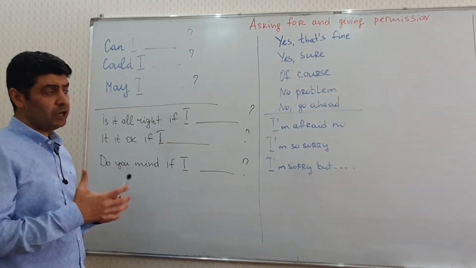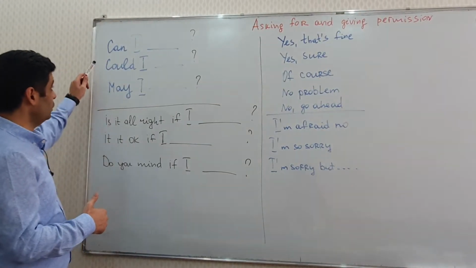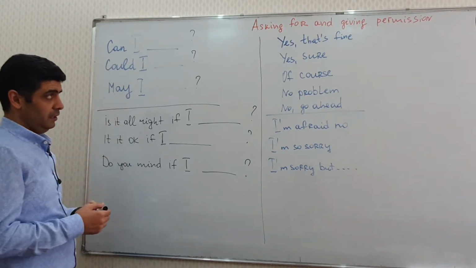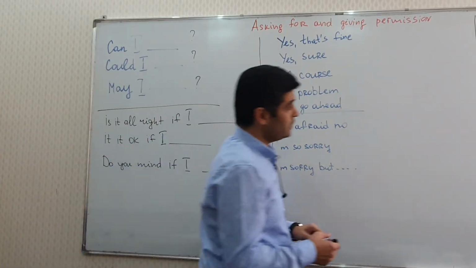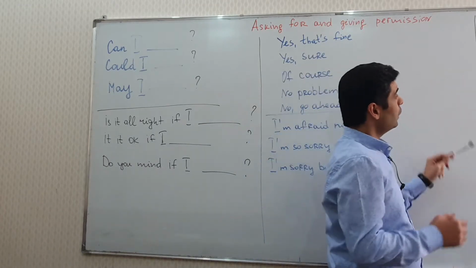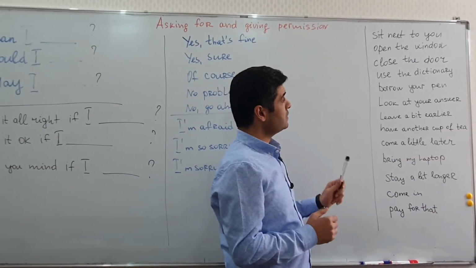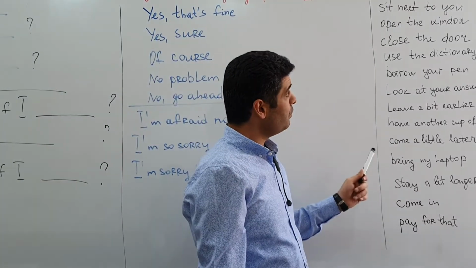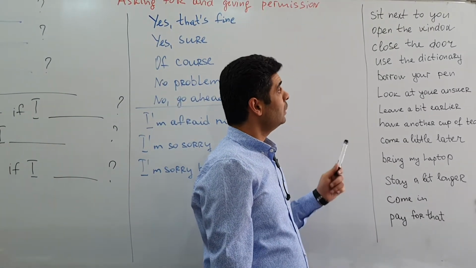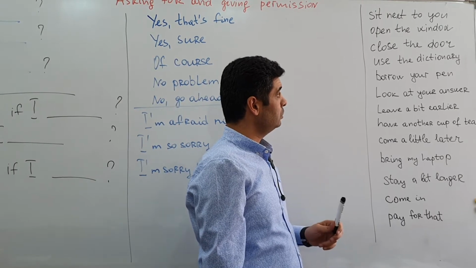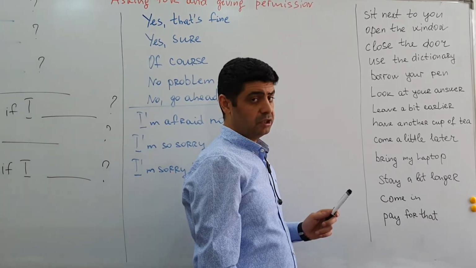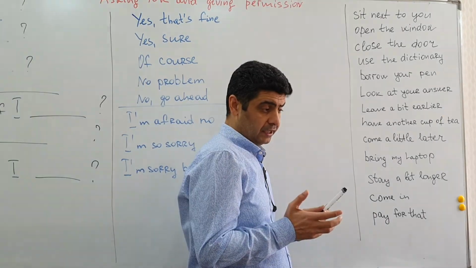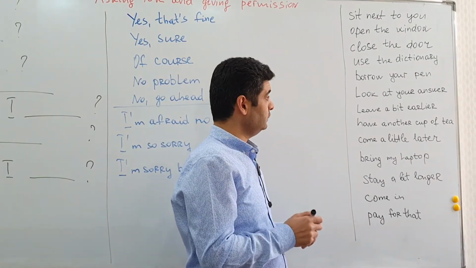So the common way to say, of course, is can I, could I, may I. If we look at these combinations, we can see sit next to you, open the window, close the door, use the dictionary, borrow your pen. I don't have a pen, so I borrow your pen.